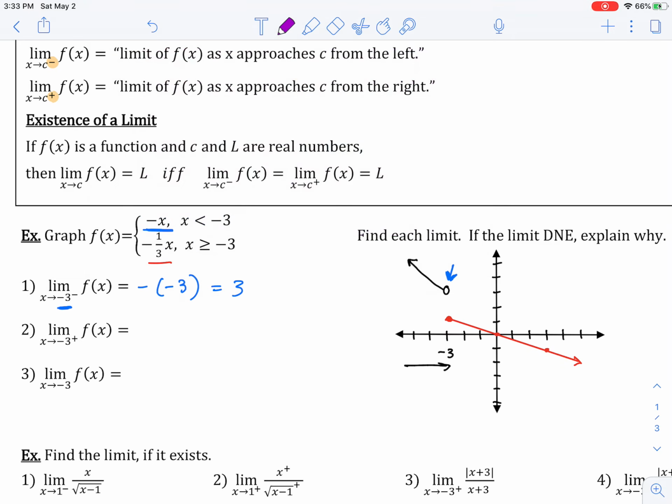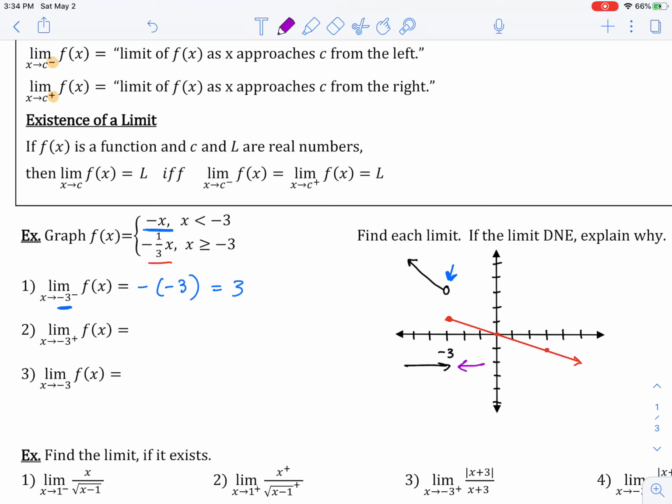All right, let's try another one. Let's try approaching -3 this time from the positive direction. So what's going on as we approach -3 from the positive direction? Well, again, let's think about which of these two pieces we're looking at. We would be looking at the red part of the graph, if you will, because we're approaching from the positive direction.